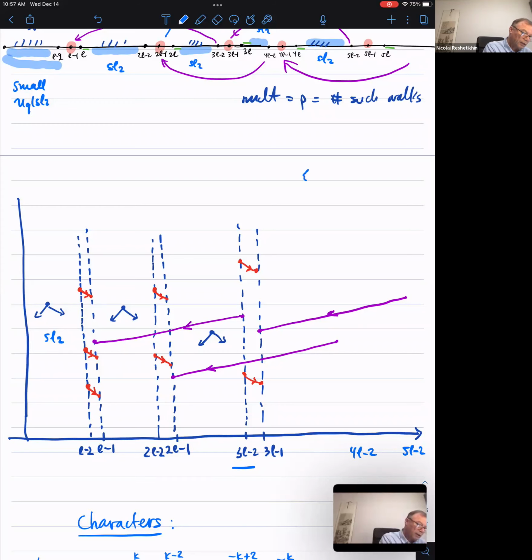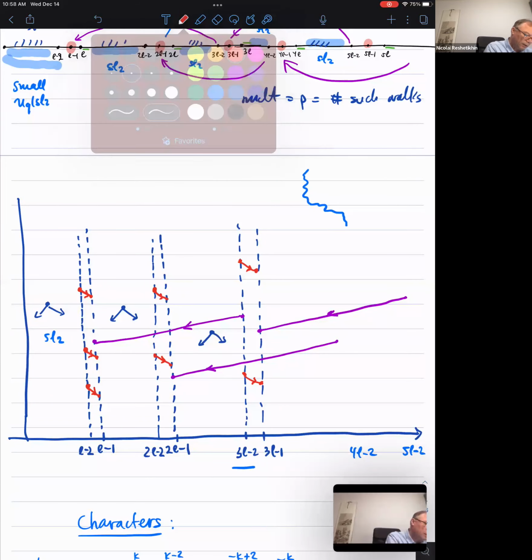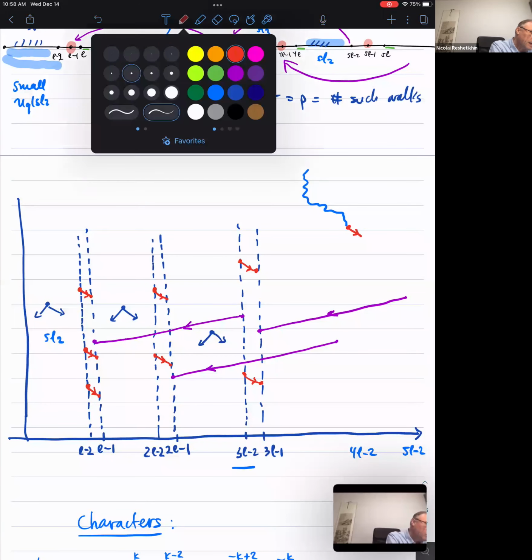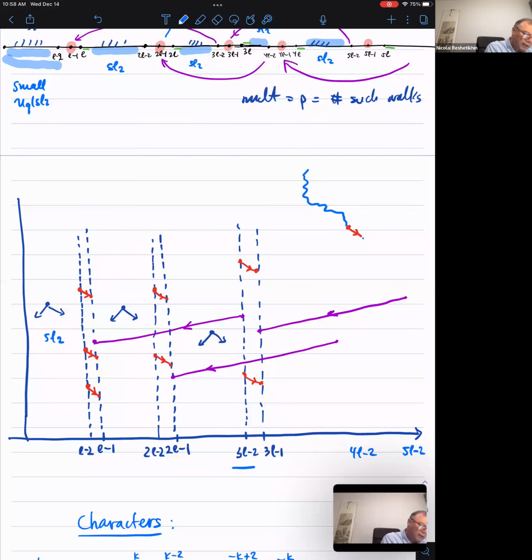So it's wandering as for SL2. Then at some point it reaches this red spot. Then it can go only in one direction. There is no other choice. If it comes to this point, then it jumps to the other area. And then from this area, the path doesn't have an escape.